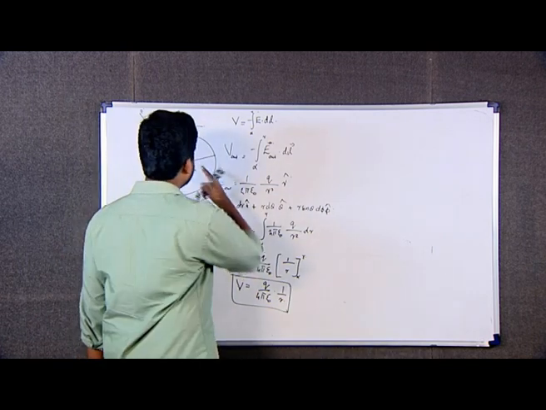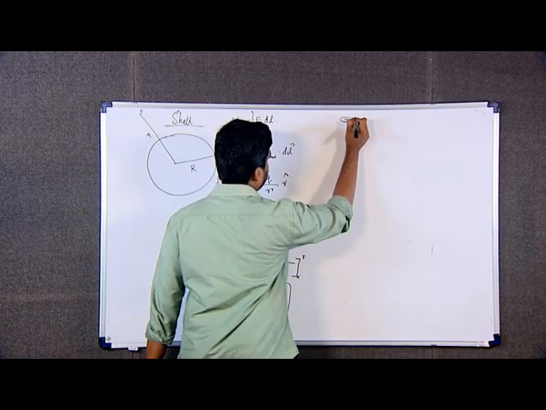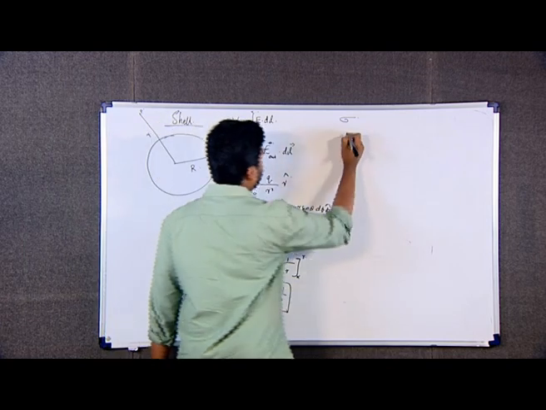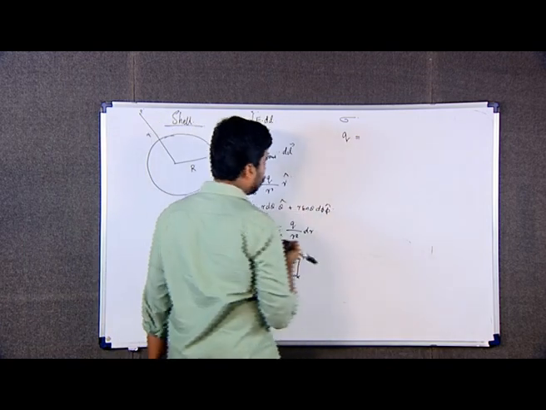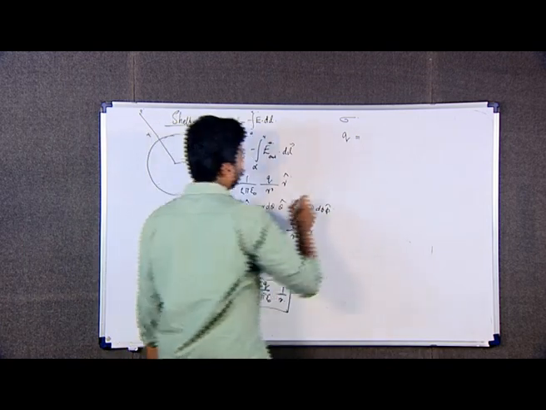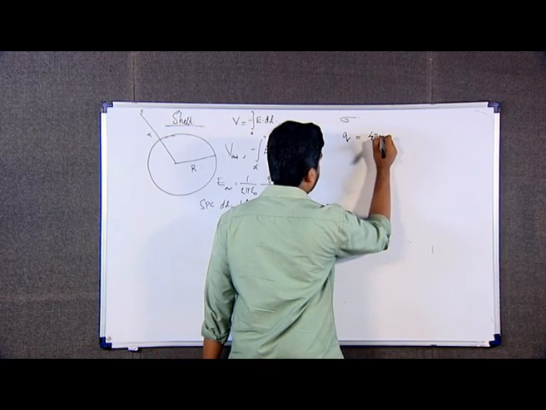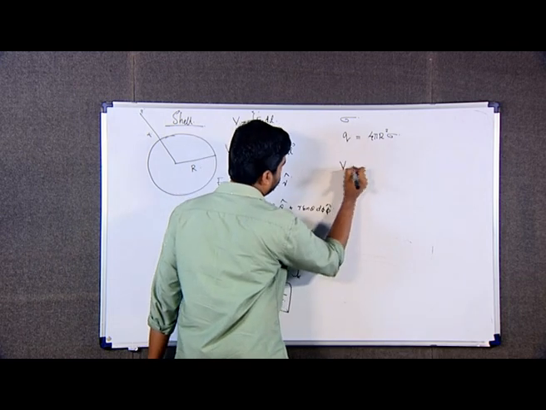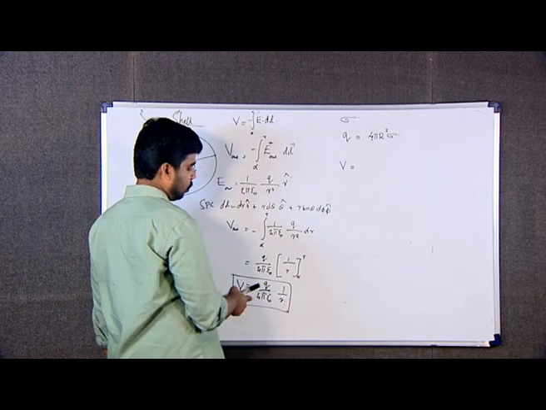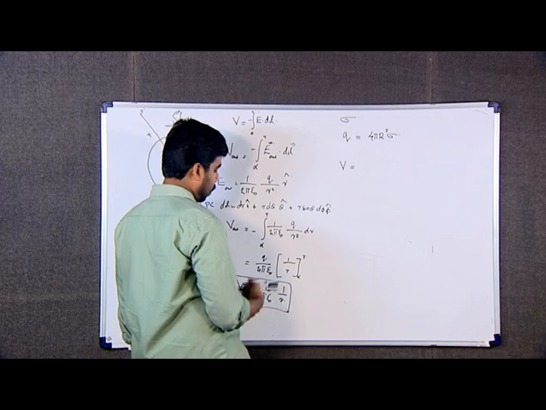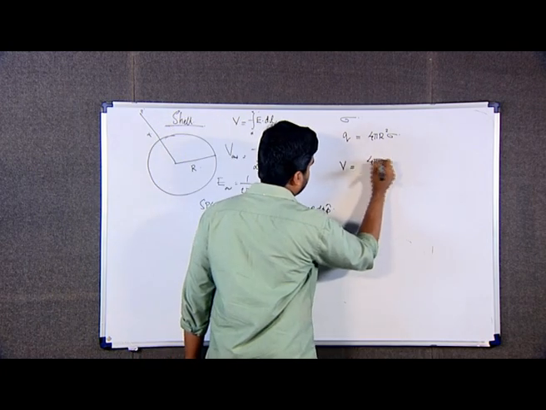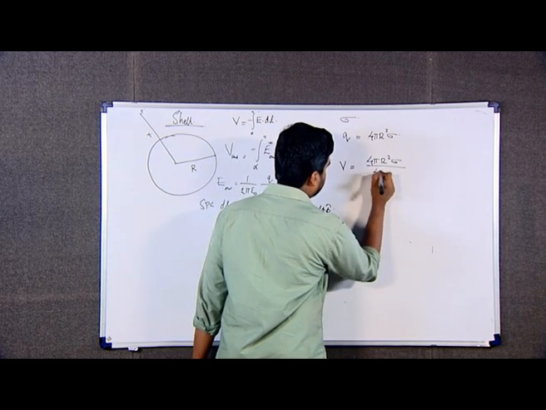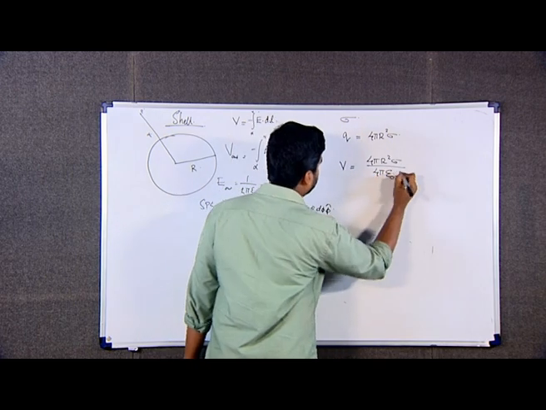But we know that if the surface charge density of the shell is sigma, then the total charge can be written as q is equal to 4 pi r square sigma. I can substitute this value for q in the equation for the potential, and write it as 4 pi r square sigma divided by 4 pi epsilon 0 into r.